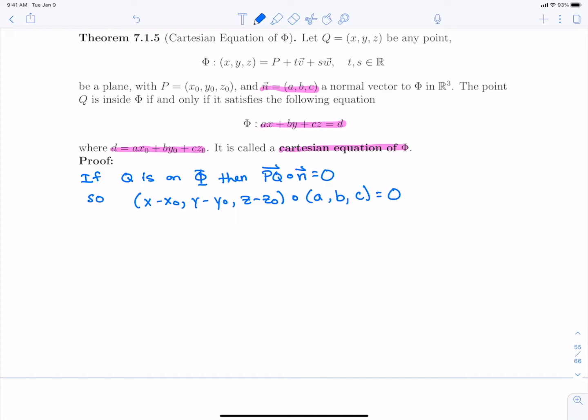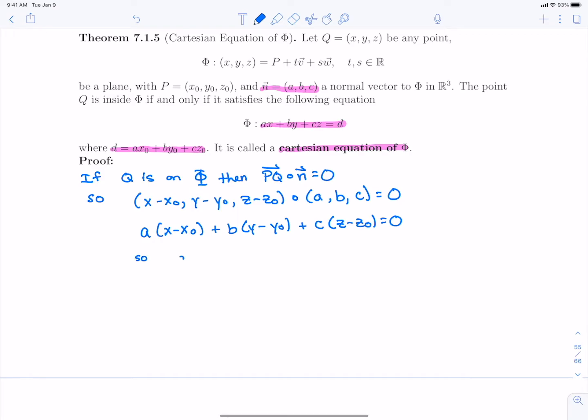We take the x minus x naught, y minus y naught, z minus z naught as the vector, how we find vector pq. So now if I'm going to actually do the dot product here, that would give me a times x minus x naught plus b times y minus y naught plus c times z minus z naught still equals 0. Well, I'm going to now distribute this in.